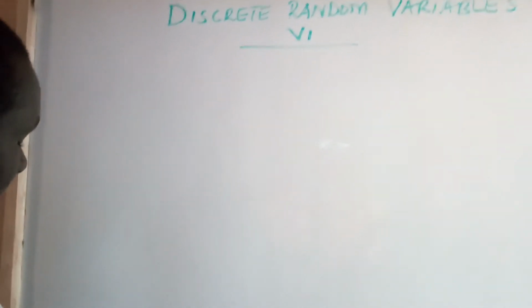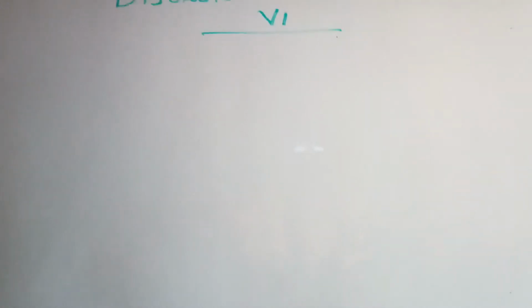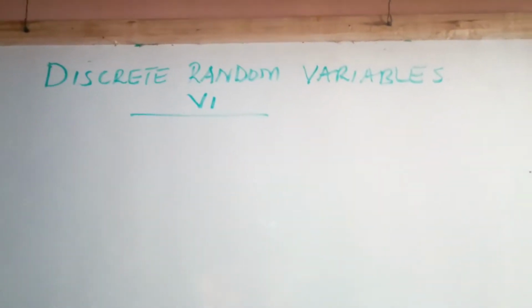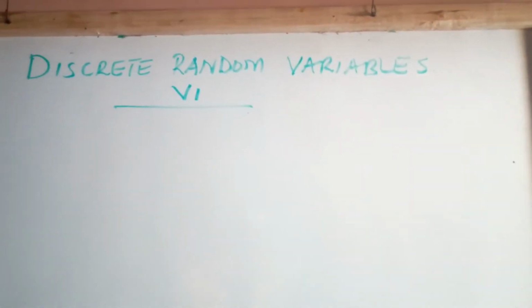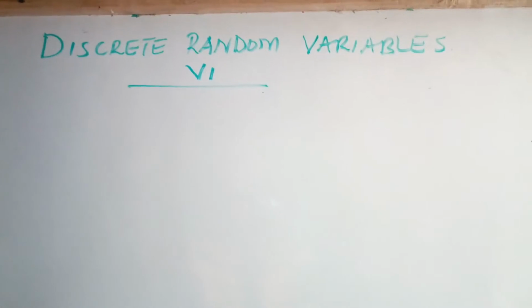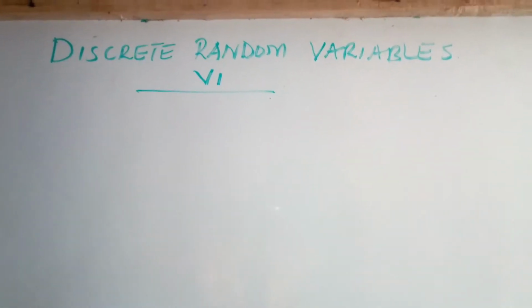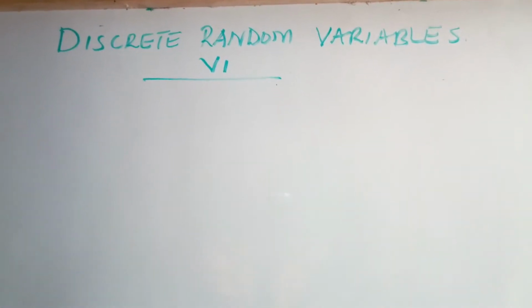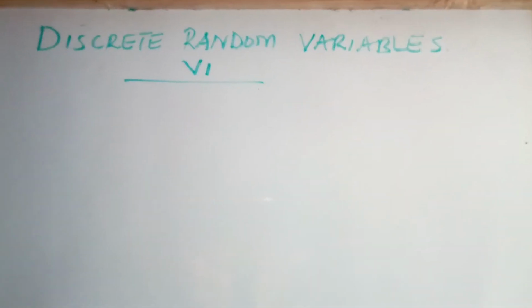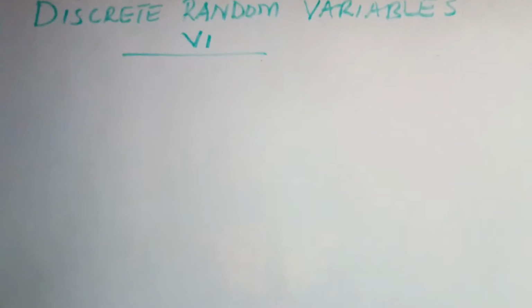Topic number 8 in S1, discrete random variables. After completing this chapter, you should be able to understand what a discrete random variable is and how discrete random variables arise.